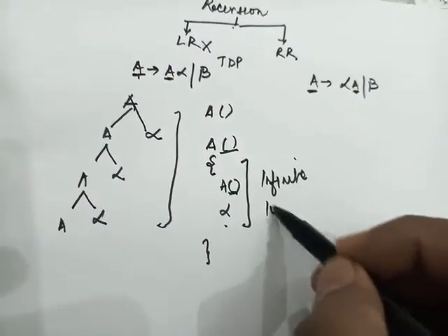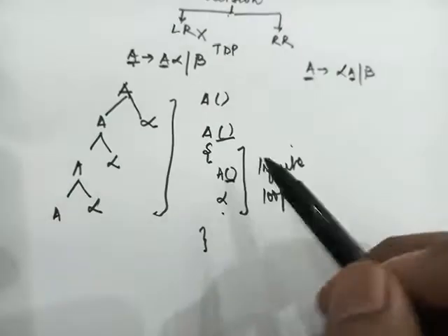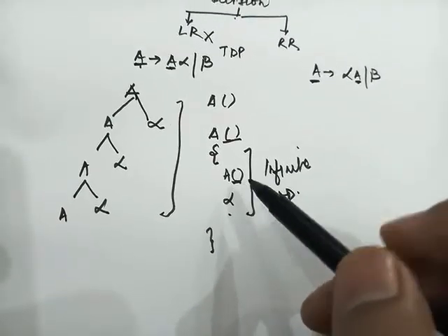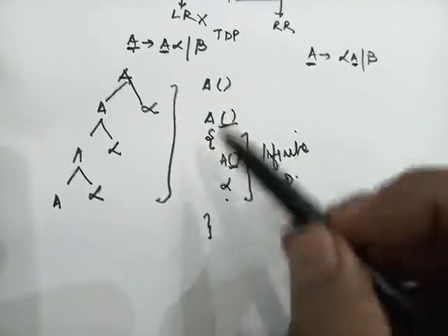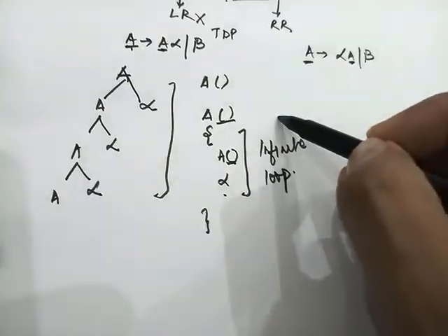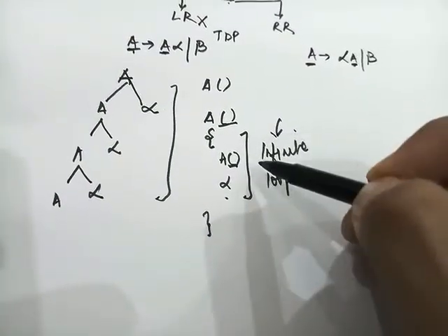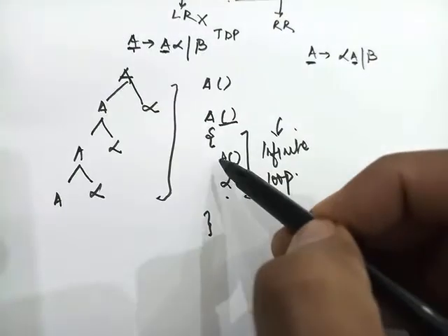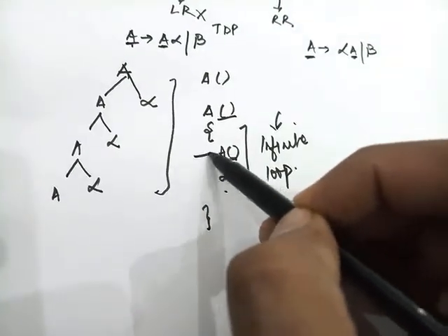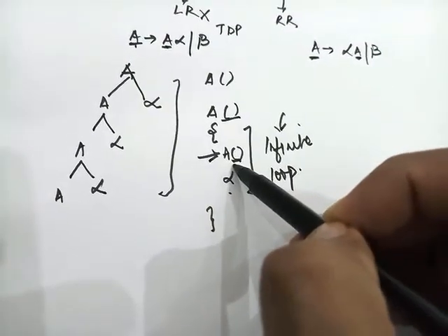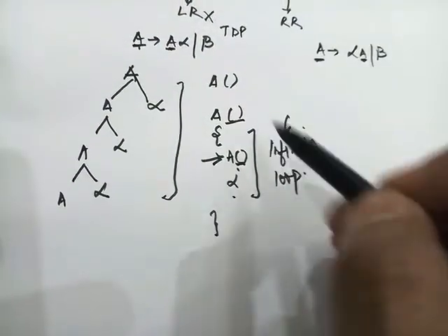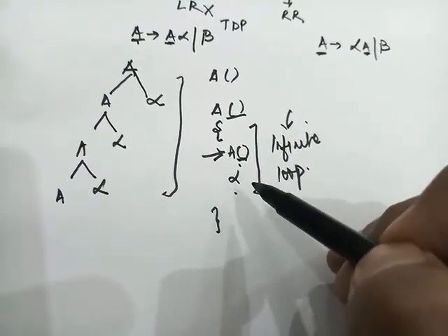This is the problem with left recursion, that it may go into an infinite loop, because whenever the recursion is called, first it calls itself. That's why there may be a chance of infinite loop.